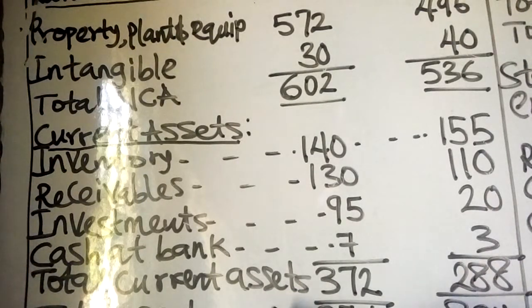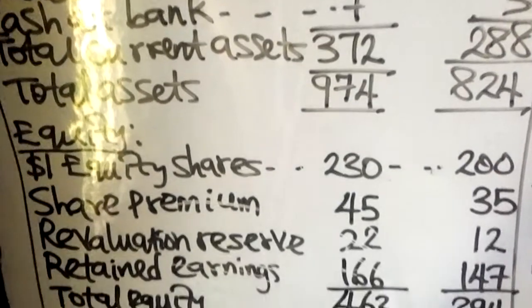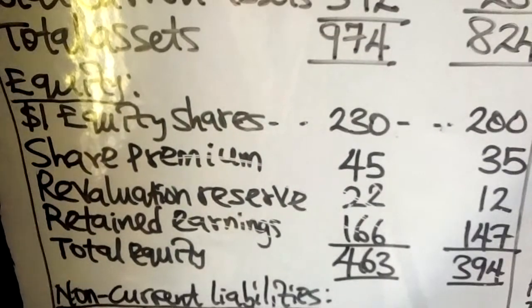We have total current assets 372 and 288 for 20x7 and 20x6 respectively. Total assets 974 and 824. Then we have equity.